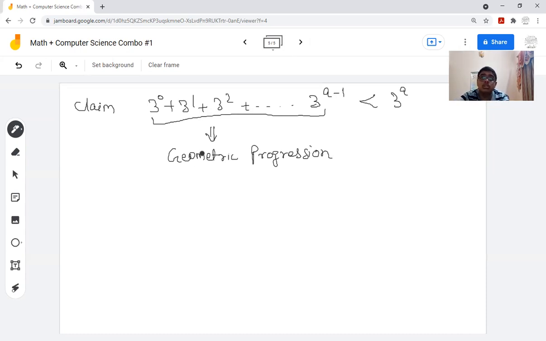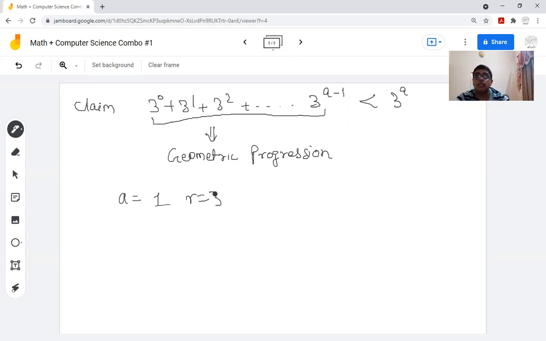So what is this geometric progression? It's a geometric progression with the first term being 3 power 0, that is 1. The next term is 3 power 1, the next term is 3 square, so it's getting multiplied by 3. So what's the common ratio? The common ratio is actually 3.